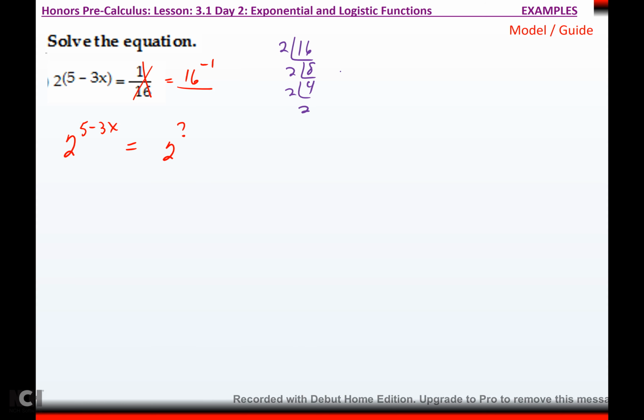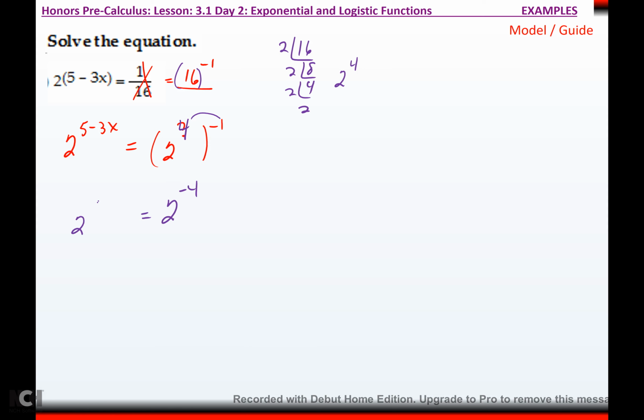So I can rewrite 16 as 2 to the 4th. So if I rewrite, but I still have that negative 1 out there, okay? I'm just rewriting the 16, and that's going to be 2 to the 4th. But now if I distribute, that's going to be 2 to the negative 4th.